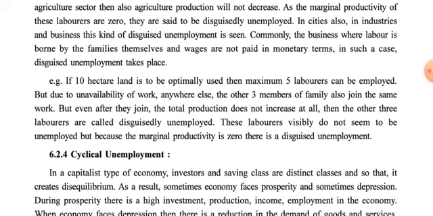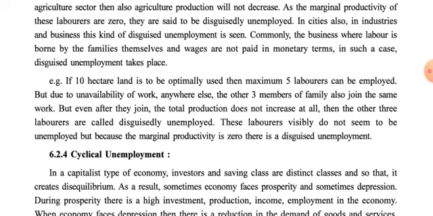It means the area of land is the same, 10 acres or 10 hectares, whether 5 persons or 8 persons are employed. Due to the limitation of that land area, their productivity is not increasing at all. So visibly they are employed in the field, but because the marginal productivity of these 3 persons is 0, there is disguised unemployment.